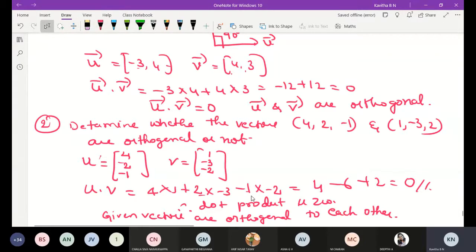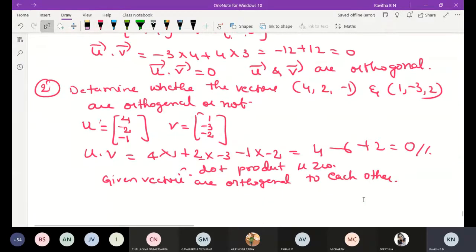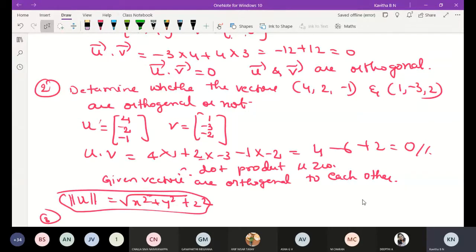Then in that we are going to study orthonormal vectors also. For a vector u, the modulus is square root of x square plus y square plus z square. How to find the orthonormal vector?